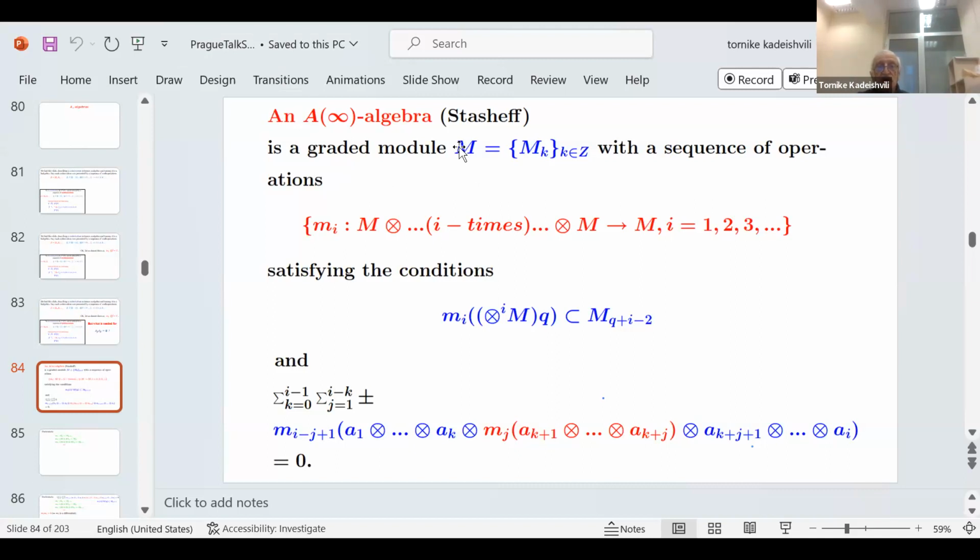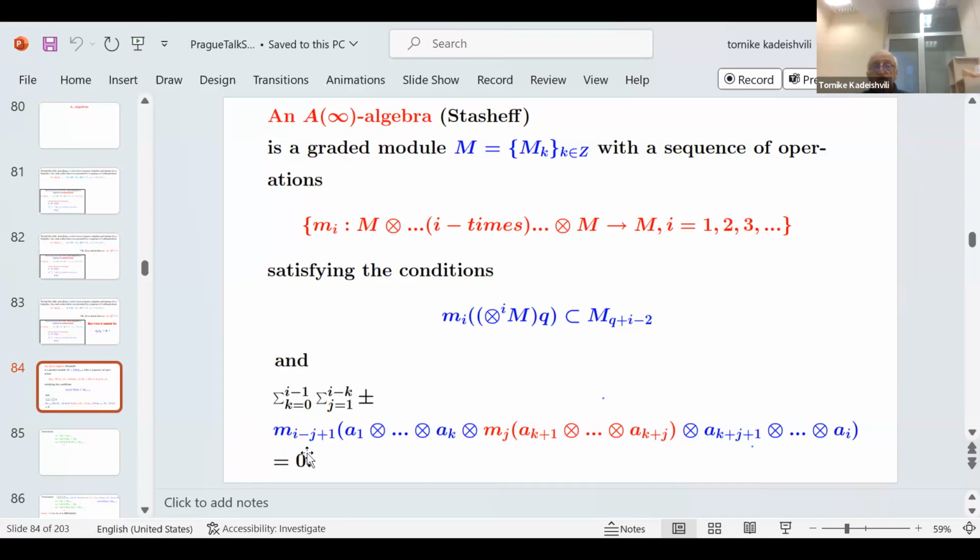So, Stasheff's infinity algebra. It is some collection M_k, a graded object, with a sequence of operations: M1, which is M to M, M2, M tensor M to M, like multiplication, M3, triple multiplication, and so on.